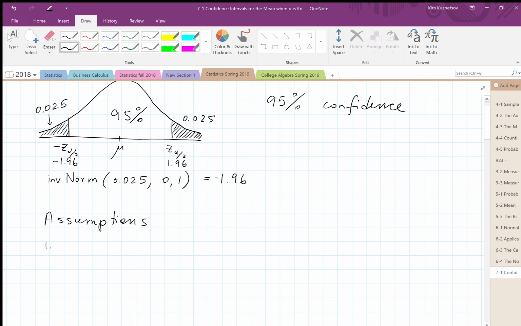I need the sample to be a random sample. I need to have either n greater than or equal to 30, or the population normally distributed.